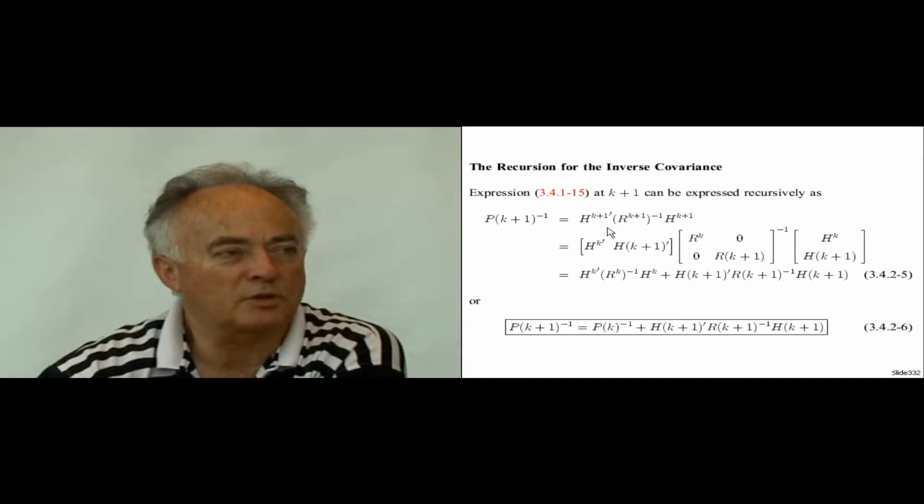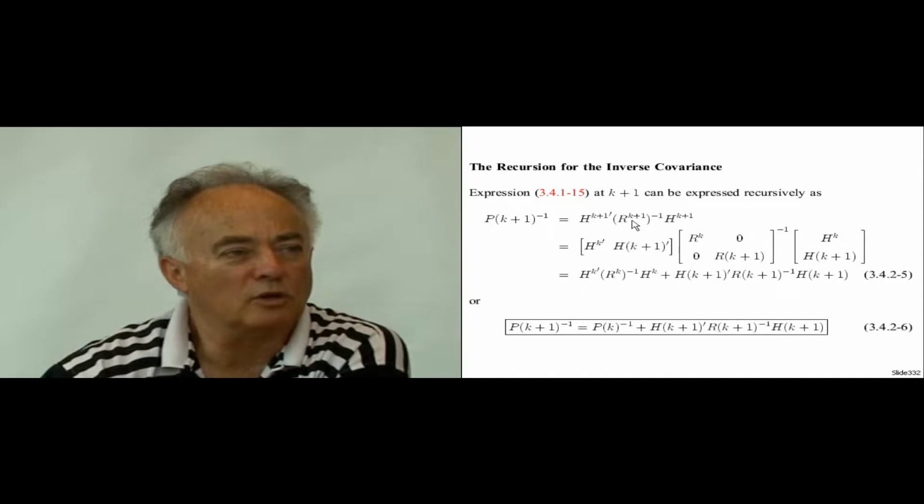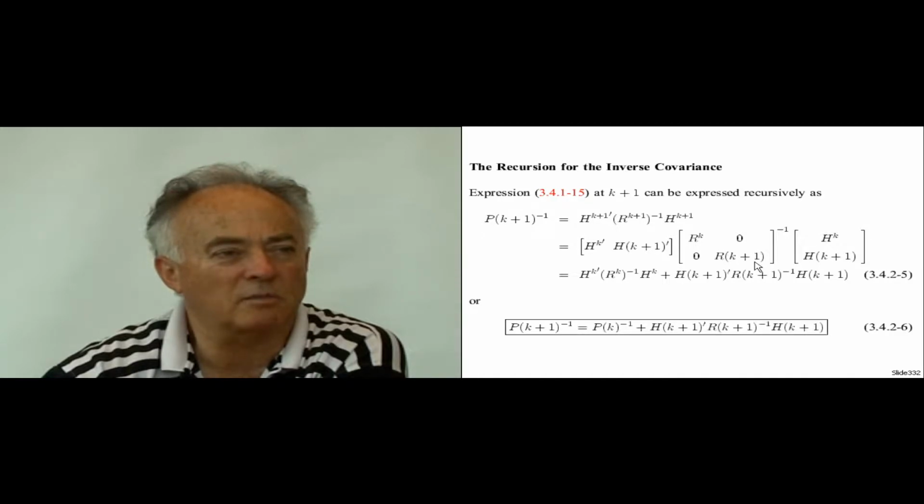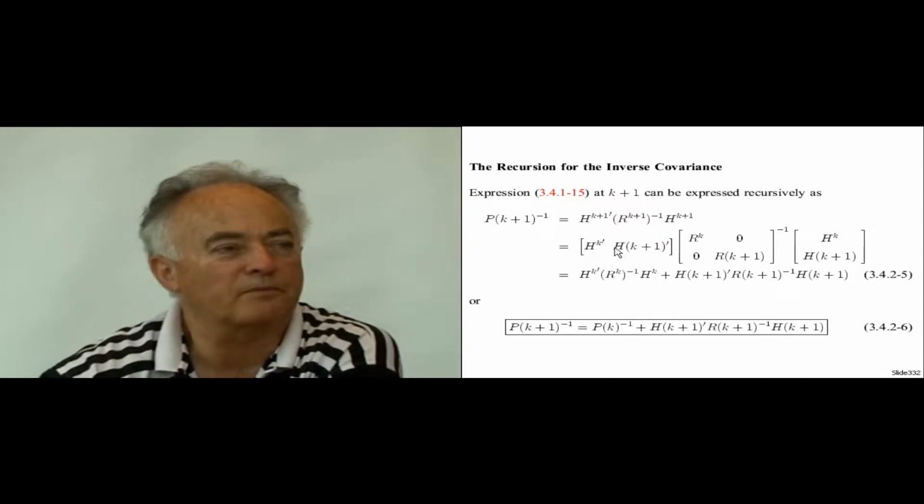And now we substitute for H k plus 1 its partition into H super k and H at k plus 1, because this is transposed, each of these blocks has to be transposed as well. And big R super k plus 1 is partitioned into R super k and R at k plus 1. We have an inversion here, and this is just a transpose of the first matrix.